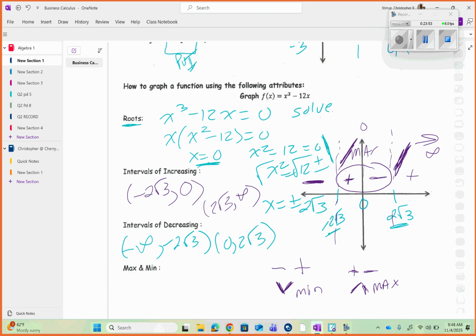So you're using the x interval to say where the graph is increasing, or has a positive slope, and where it's decreasing, or has a negative slope. And then where do the max and min take place? The min takes place where it goes from negative to positive, and the max where it goes from positive to negative. So we're going to get a min here, and a max here.